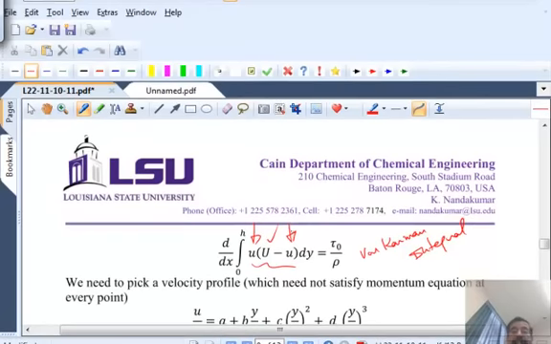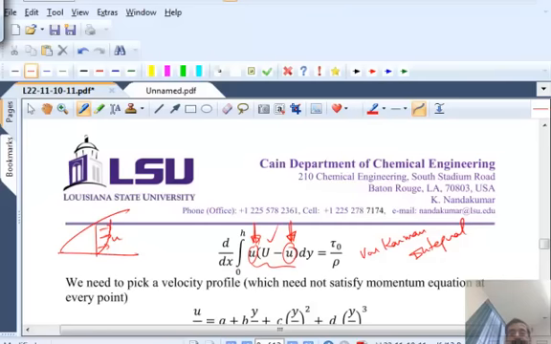But I need to put in an expression for the boundary layer. Remember, u is the velocity inside that boundary layer. So I need to put a profile. I need to put a function that captures what u is. And if I do that, then I can integrate that out, and I can then get a differential equation for the boundary layer thickness that I can solve.